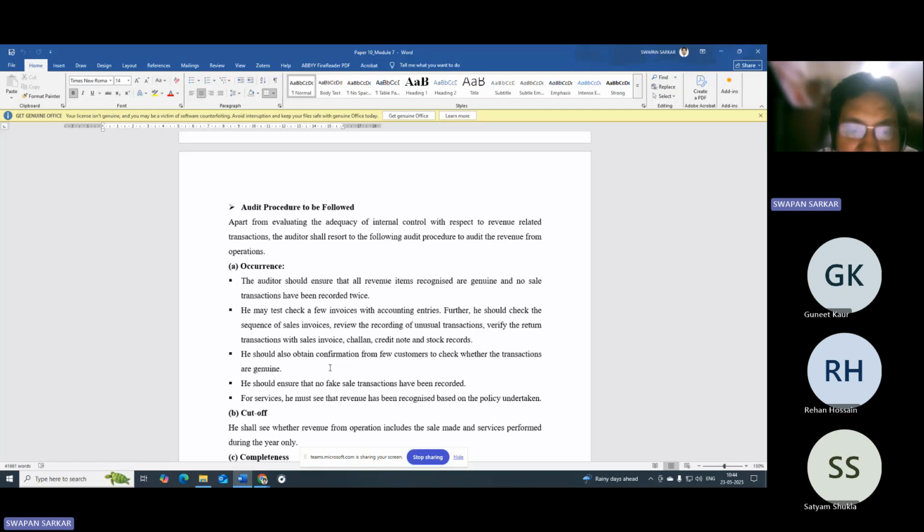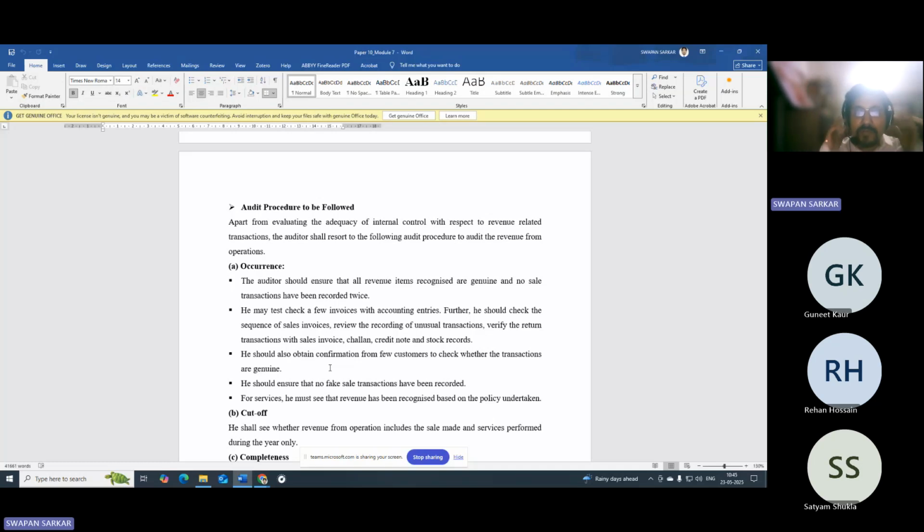He may test check a few invoices with accounting entries. Further, he should check the sequence of the sales invoices, review the recording of unusual transactions, and verify the return transactions with invoice, challan, credit note, date, and stock records.